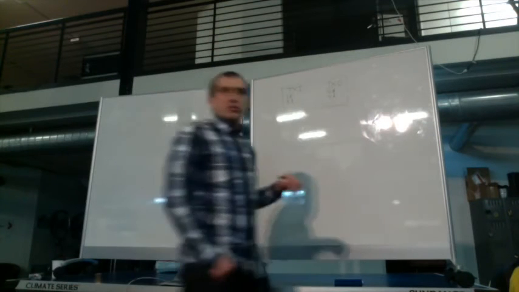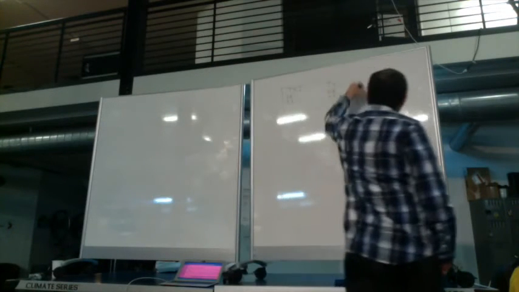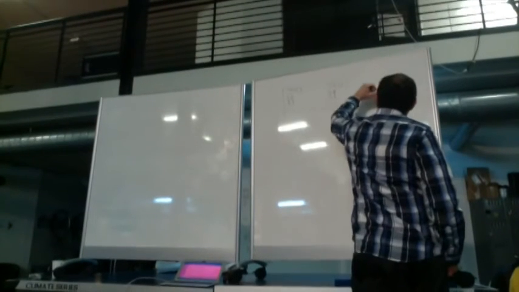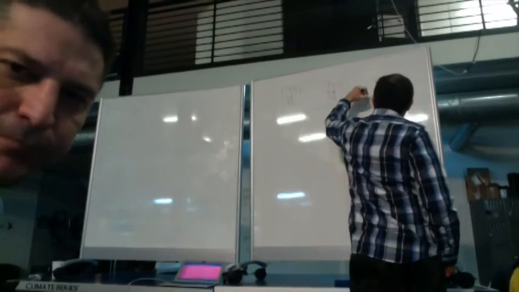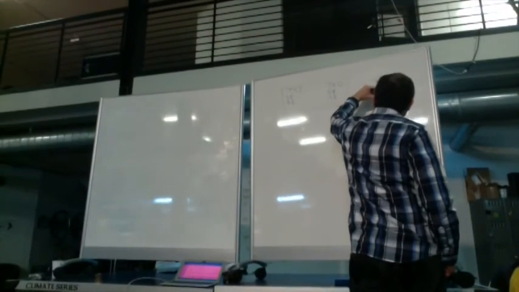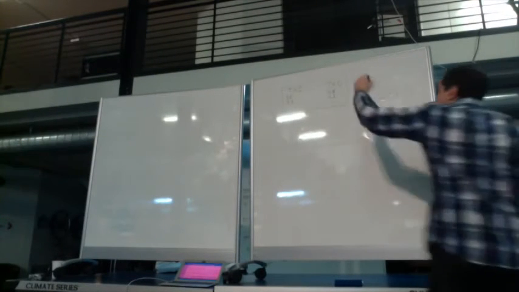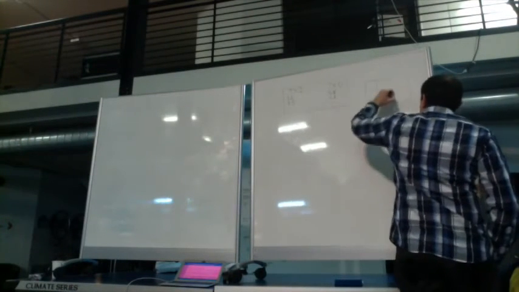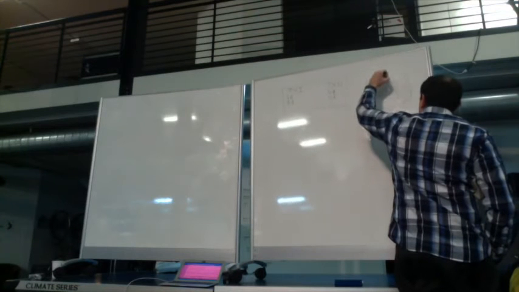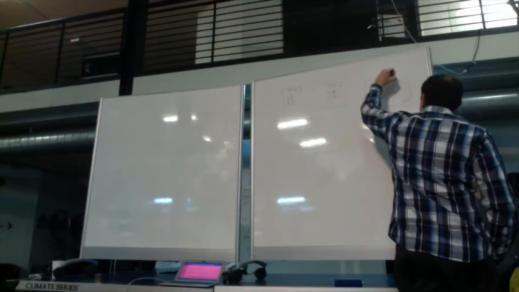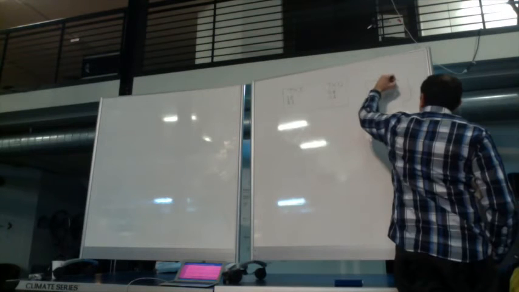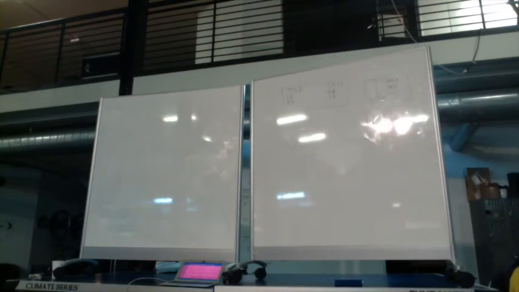So let's say, for example, this is an output, and this output has a specific input key that unlocks that particular output.